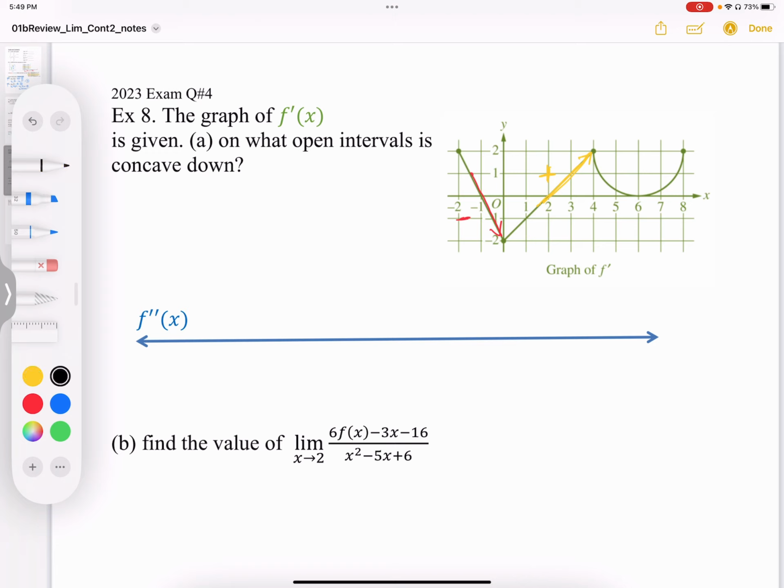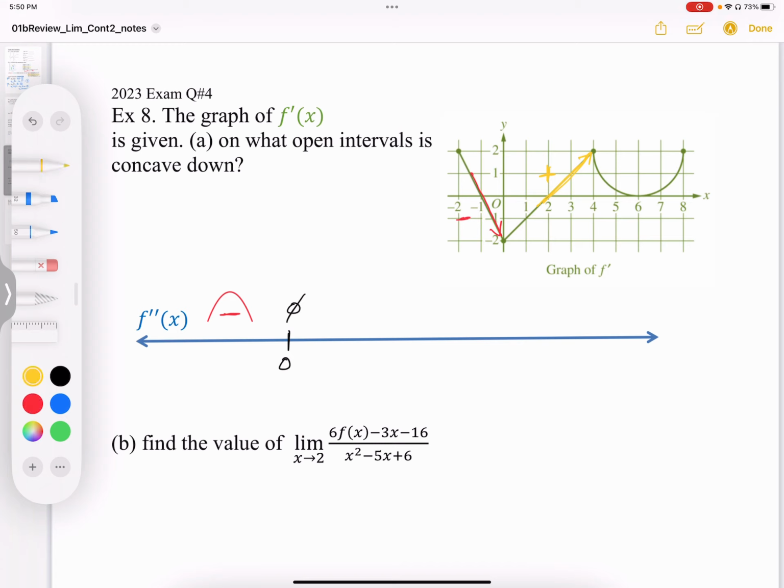Now it's going to be based on where it changes direction. One place where it changes direction is going to be at x equals 0. We have an undefined second derivative there, so the slope of the derivative is undefined. But on the left-hand side, it is sloping down. That means it has negative concavity on that side.